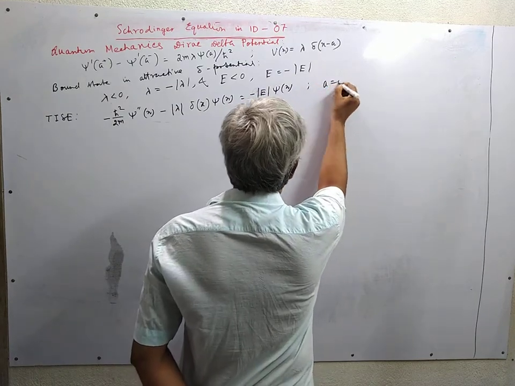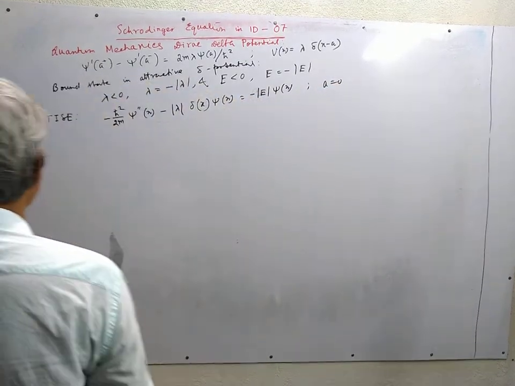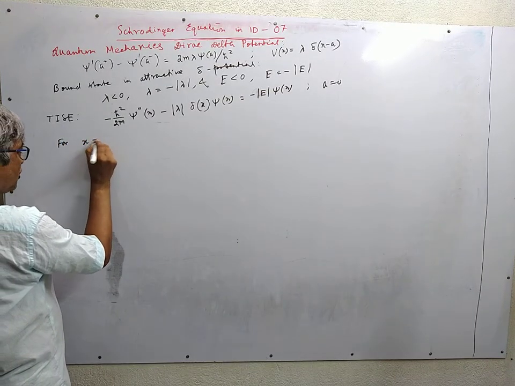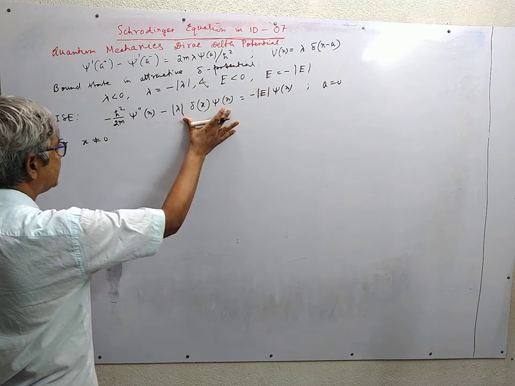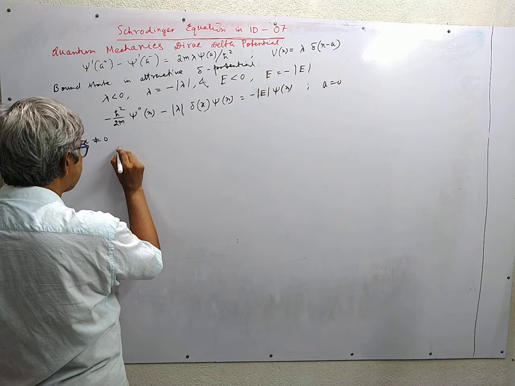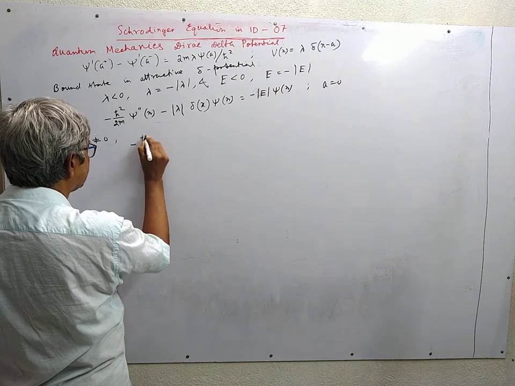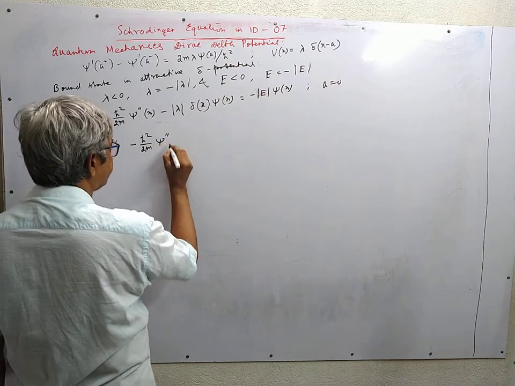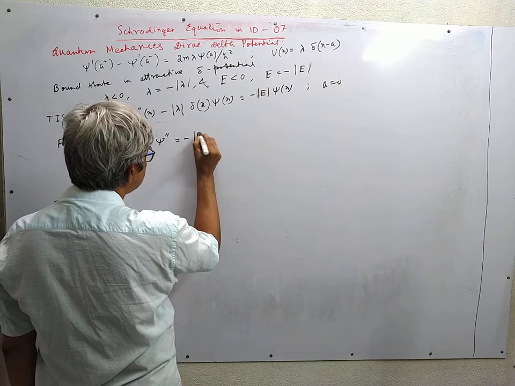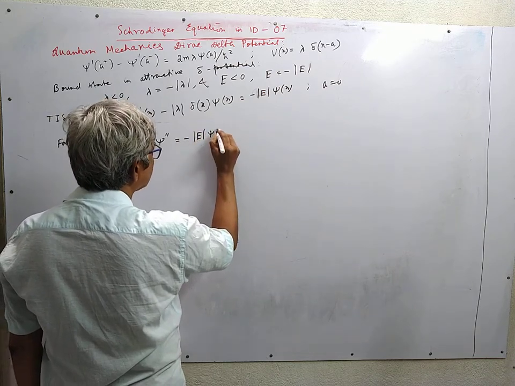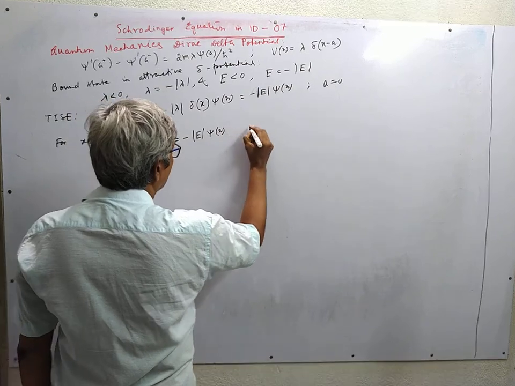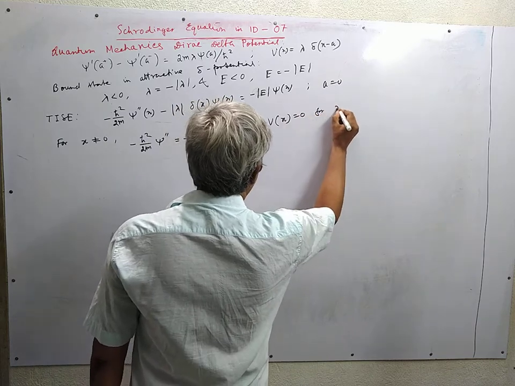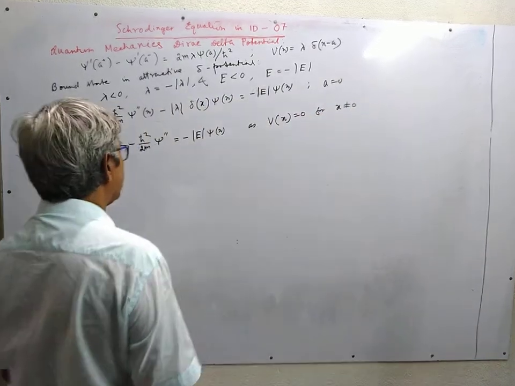With a is equal to 0. For x not equal to 0, this potential is 0. So the equation is minus h line square by twice m phi double prime... as psi of x is equal to 0 for x not equal to 0. This is the property of delta function.